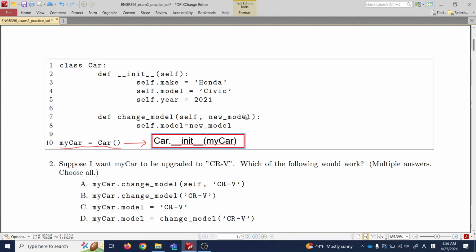Now here I made another method called change_model, whose role is to change the model, the Civic, into something else, say an Accord or something else.